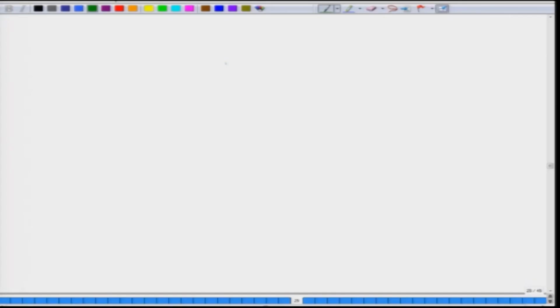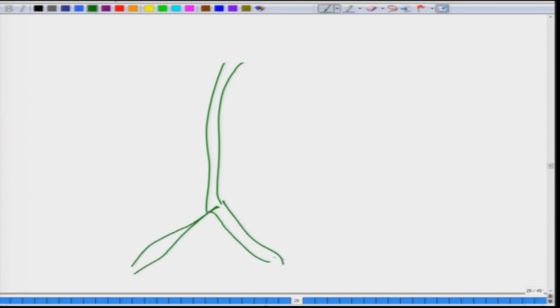Now, what happens in the case of rhizobium is that in the case of certain plants, the roots will be having root nodules. So, there will be nodules on these roots, and in these nodules you will be having these bacteria, which are rhizobium.